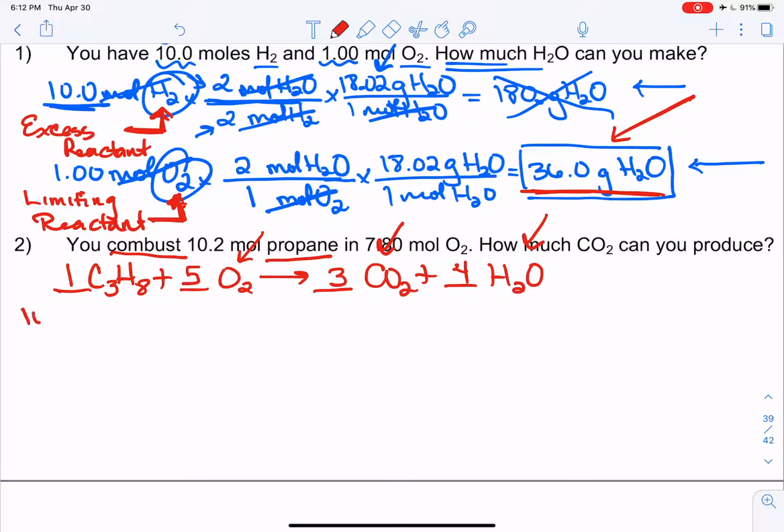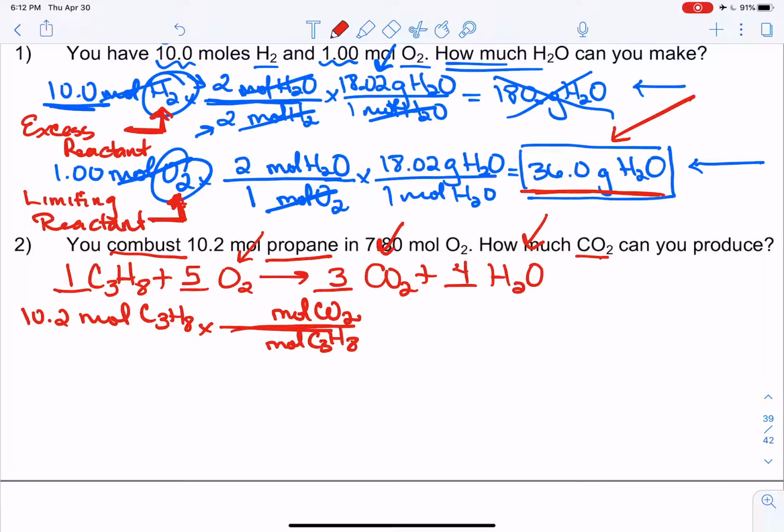So we go ahead and we write 10.2 moles of propane. And we're going to get out of moles of propane. And we're going to go where? We're going to go to moles of CO2. Because we've got the mole to mole ratio there.